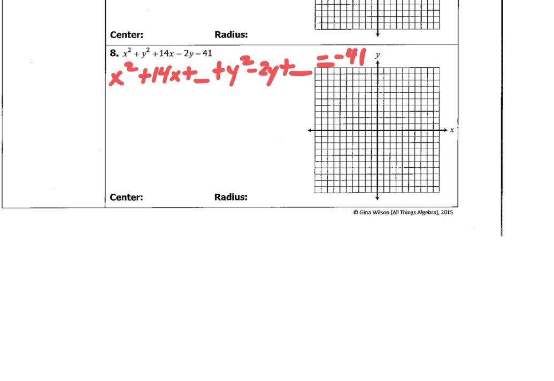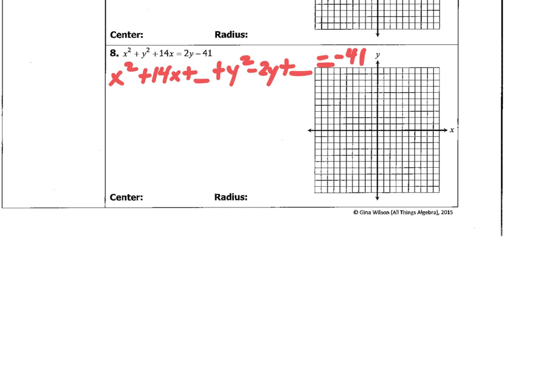But I moved the 2y over. I had to subtract 2y over here. So that's why this is a negative 2y. Everything else stayed the same, but I'm just rearranging and putting things together that are alike. So we have to complete the square twice. On the last one, we only had to do it once because we didn't have anything that was attached to the y squared. It was just y squared with no other y value there. So I get to complete the square here, and I also have to complete it here.